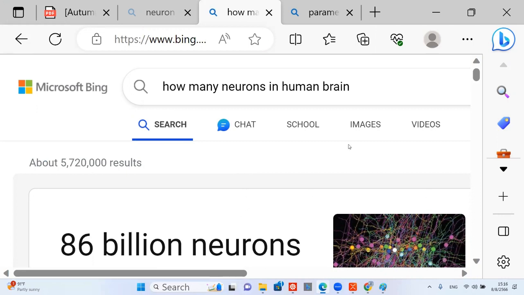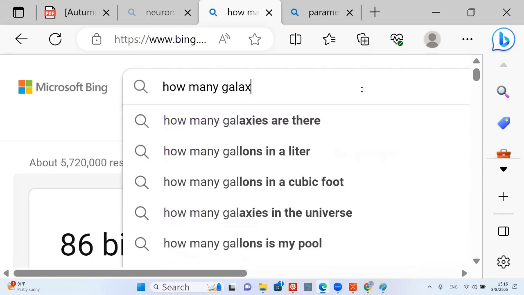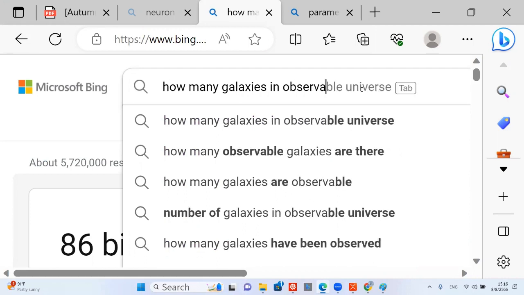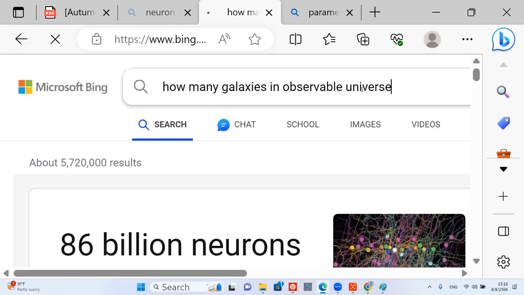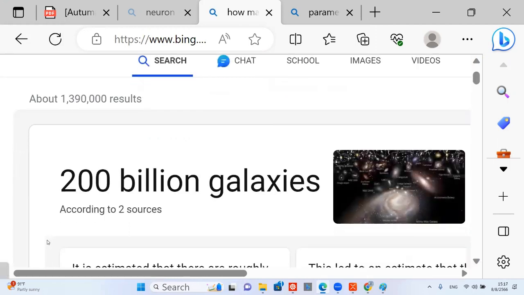Sorry, how many galaxies in the universe? That's a trillion. Okay. How many galaxies in the observable universe? By the way, the observable universe is not the whole universe. Yeah, 200 billion. I was giving you the wrong number. Okay, so remember that 200 billion galaxies in the observable universe, only 86 billion neurons in your skull. Okay, don't get the number confused. I got the number confused.